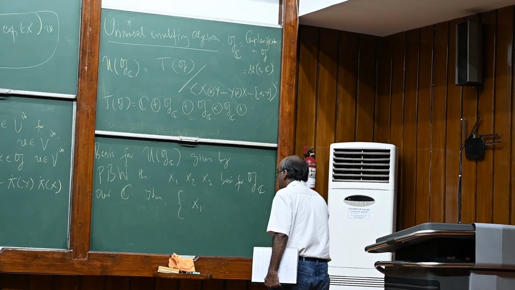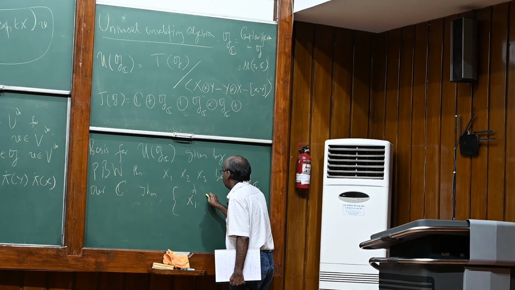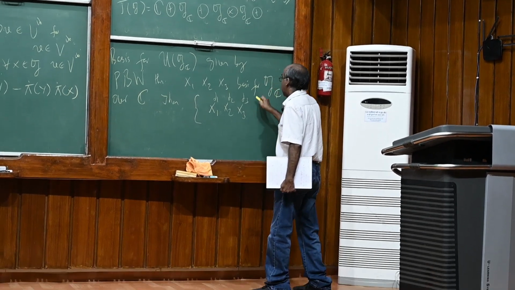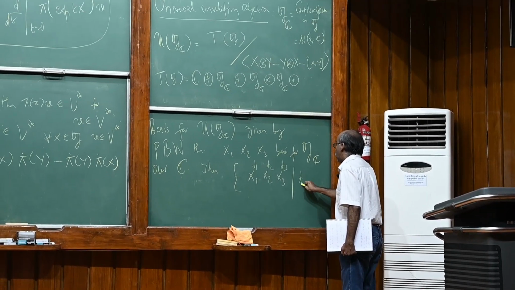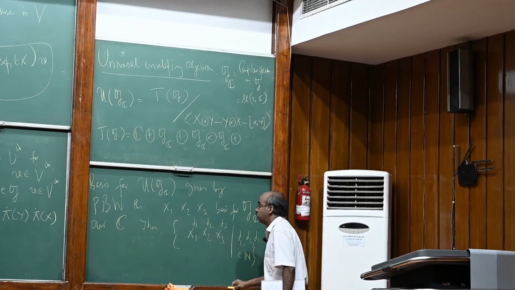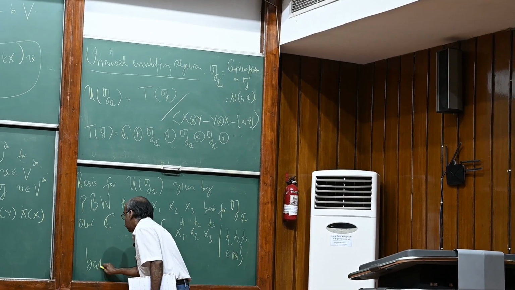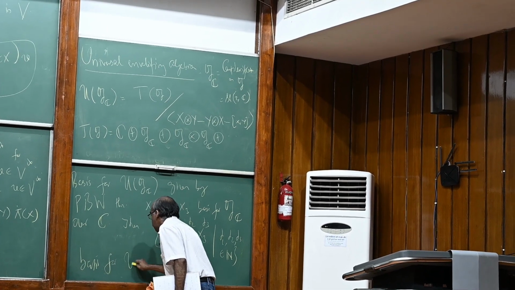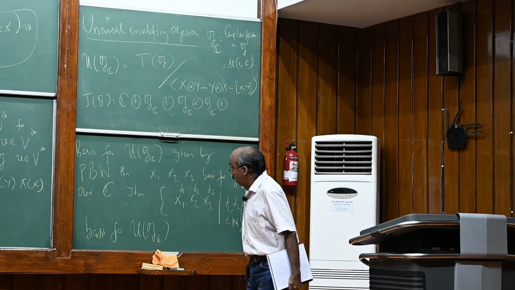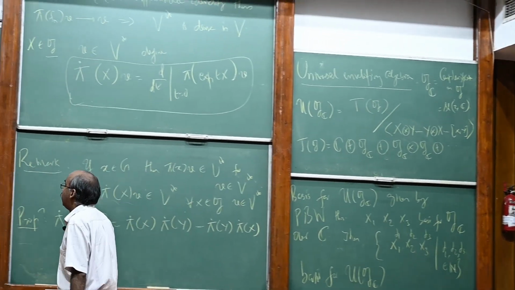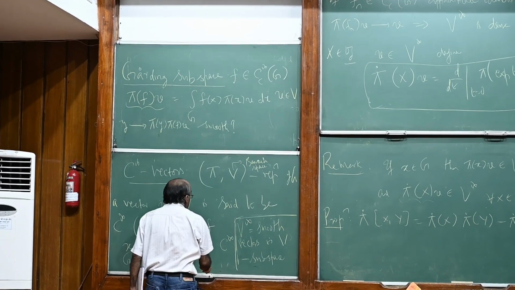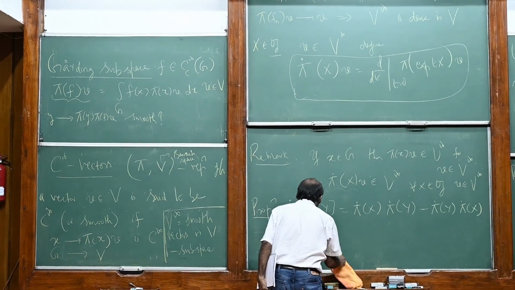So powers, so x1 to the j1, x2 to the j2, x3 to the j3, where j1, j2, j3 are all non-negative integers. Okay, so this is a basis for U of G_C.